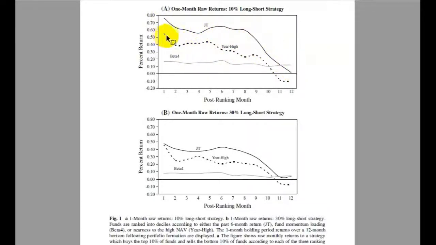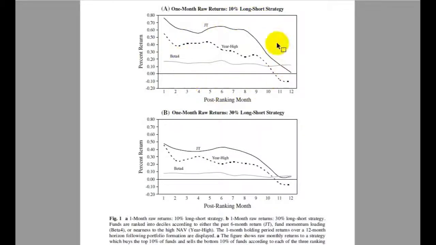Then we have the nearness to the recent 52-week high, and then this is the factor loading on beta 4, which is the loading on the momentum factor in the Carhart 4-factor model. And then these are the returns over the next 12 months of holding.